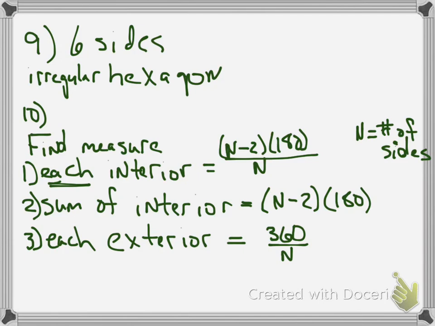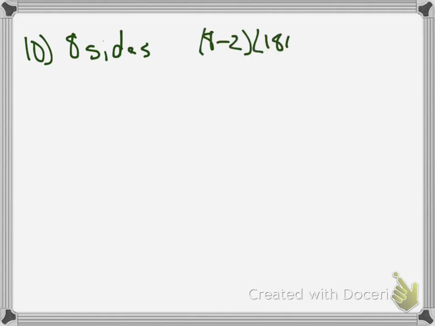So if you wanted to find the measure of the interior angles on number 10, you would use that first formula. A regular octagon has 8 sides, so I would say 8 minus 2 times 180, and then divide that by 8.